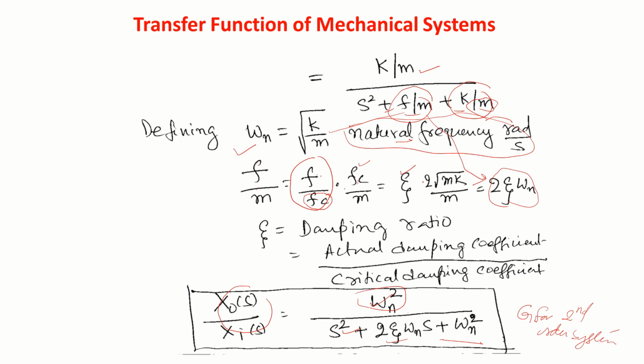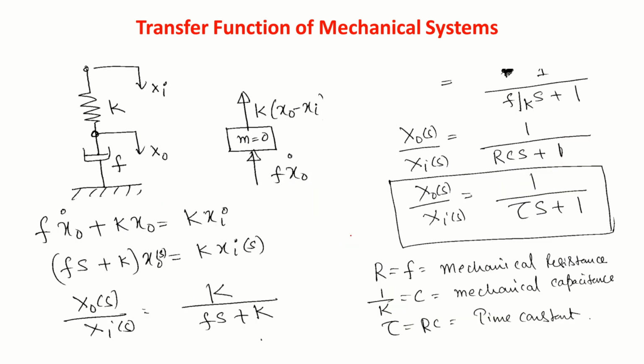This C or F is simply the damping coefficient. Sometimes the damping coefficient is represented by C, sometimes by F, sometimes by B, depending on the textbook. Okay, so hope you got it now.